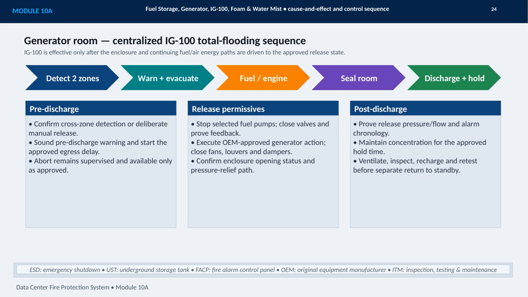After discharge, the system proves release pressure and flow, verifies the alarm chronology, and maintains the agent concentration for the approved hold time. Only then does the process move to ventilation, inspection, recharge, and retesting before the room is returned to standby. These steps coordinate fire detection, fuel isolation, generator control, enclosure integrity, and post-event recovery.